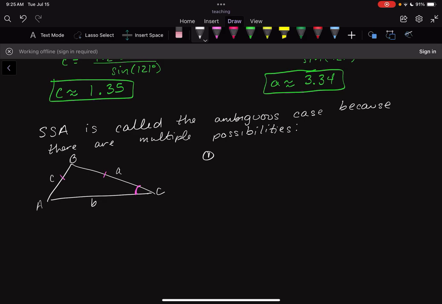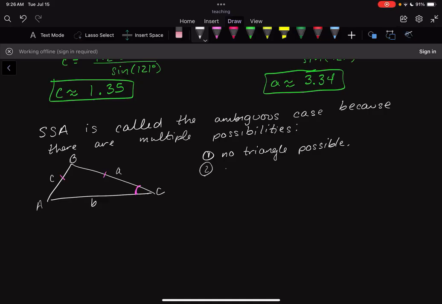Your first possibility is that there is no triangle possible. It's possible that with the information they give you, you actually can't fit another angle or another side. You can't make it work. So one possibility is that there's no triangle possible.